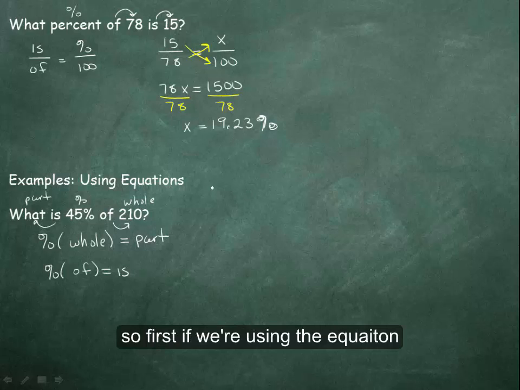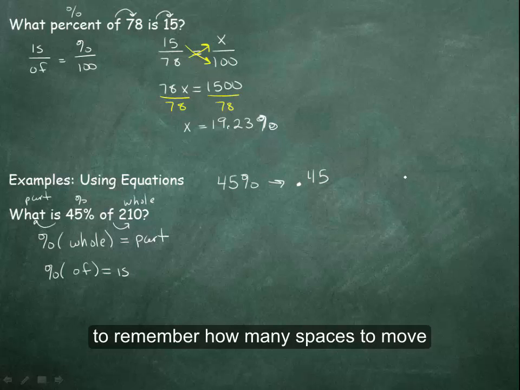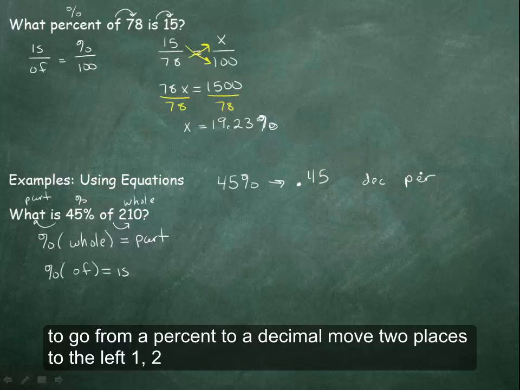So first, if we're using the equation, we have to convert any percents into a decimal. To remember how many spaces to move, if you write down decimal and you write down percent in alphabetical order, to go from a percent to a decimal, you move 2 places to the left. 1, 2.